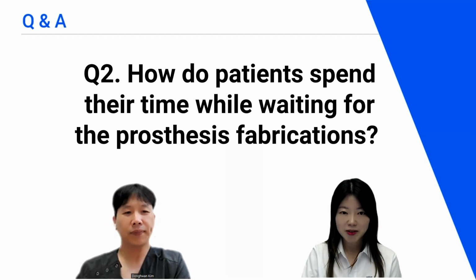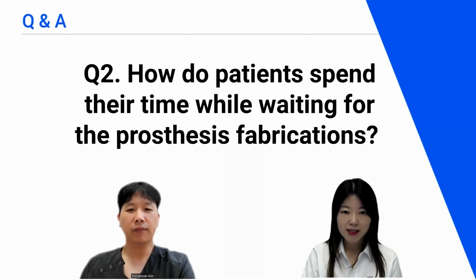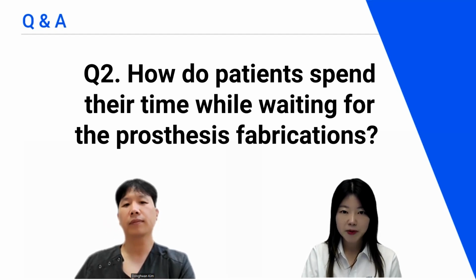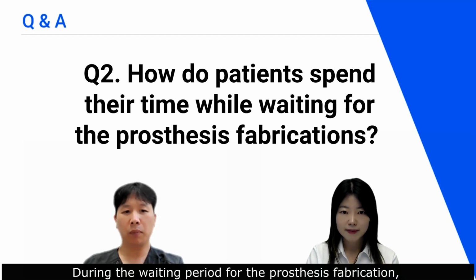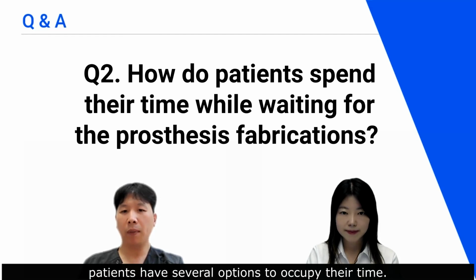Okay, question number 2. How do patients spend their time while waiting for the prosthesis fabrication? Because definitely it takes time for the crown to be fabricated. During the waiting period for the prosthesis fabrication, patients have several options to occupy their time.